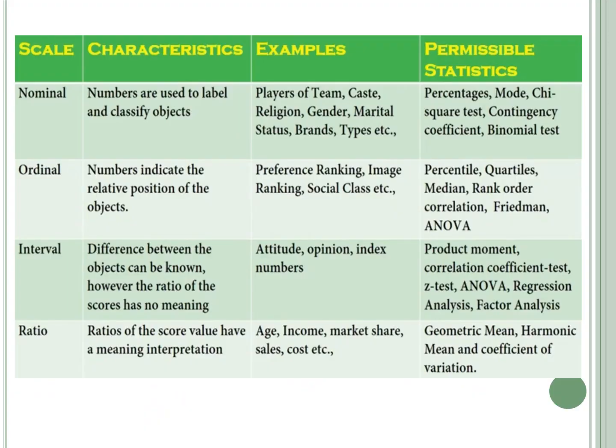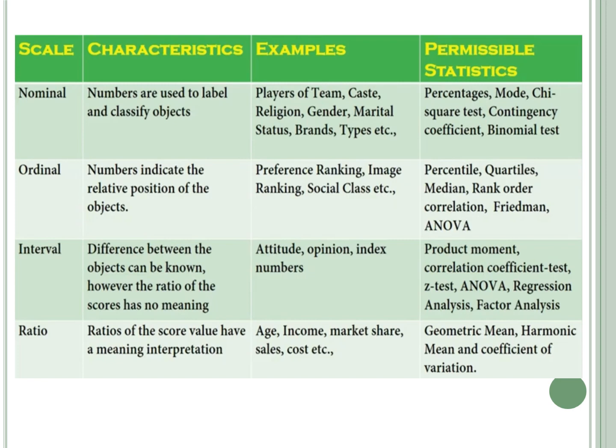So here is a table defining the differences between the four scales, from characteristics to examples, and also giving the permissible statistics that can be utilized for each scale type. For the nominal scale, percentages, mode, chi-square test, contingency coefficient, and binomial tests can be used.